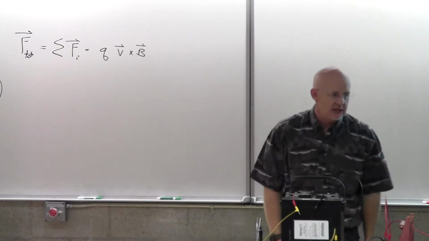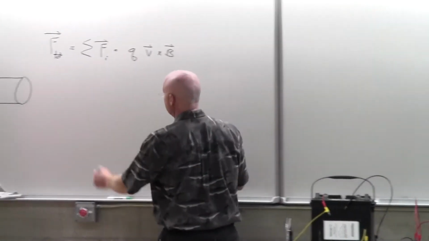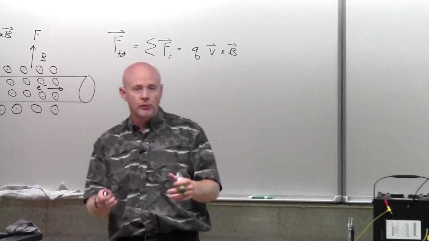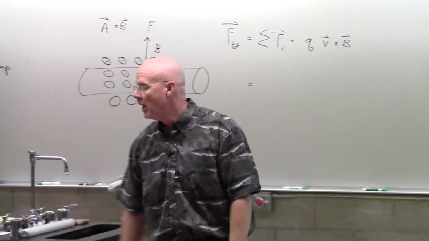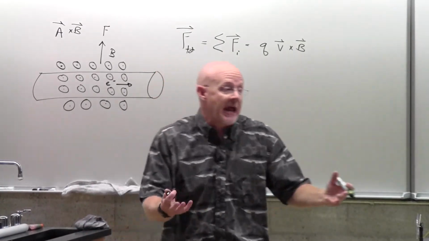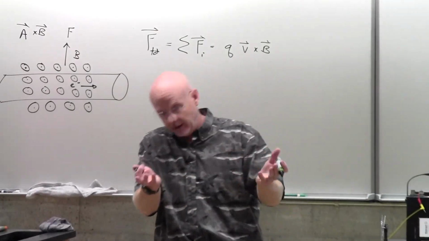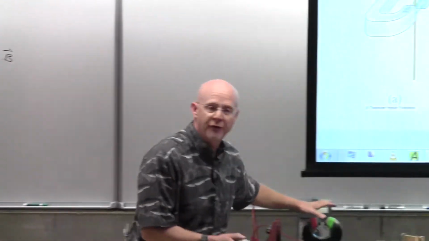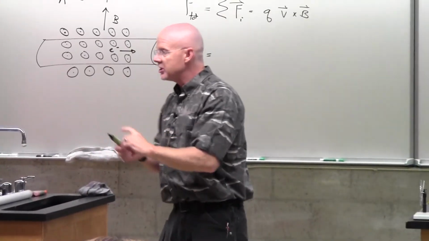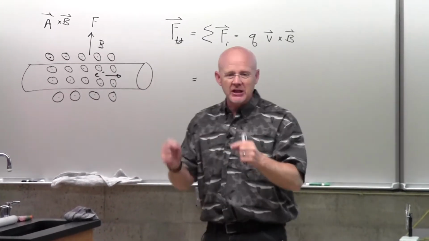Fortunately, this is a pretty easy calculation to do. Let me just say they're all roughly equivalent. I mean, all the electrons are going roughly the same speed on average. They all have the same charge. They're all in the same magnetic field, roughly. I know this is probably not a perfectly uniform magnetic field. But in the simplest case, let's just say everything about every electron is the same.